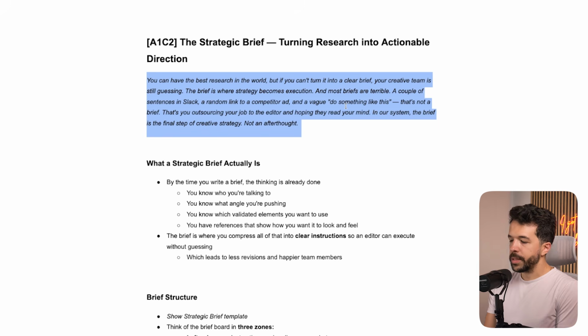Why is this important? Because every day, literally every day, I talk to people who complain about the output of their video editor. And the reason why video editors spend so much time creating videos is because 50% of the time is spent trying to understand and interpret the briefs they get delivered.